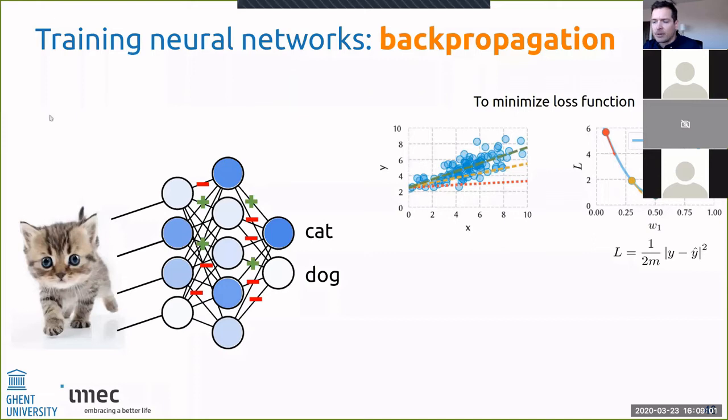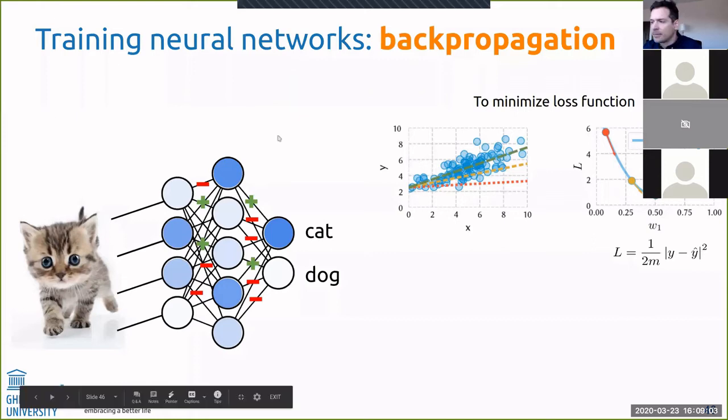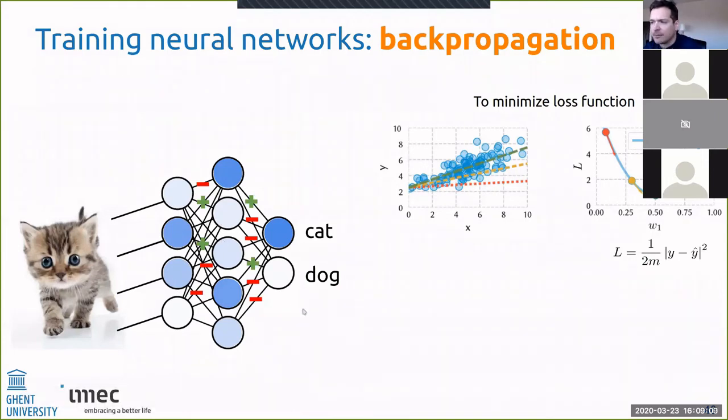What if you have a whole network of parameters to optimize? Well, the principle basically remains the same. First, we quantify the error, and then we use an algorithm called backpropagation to optimize each parameter in the network according to the prediction error the network makes.